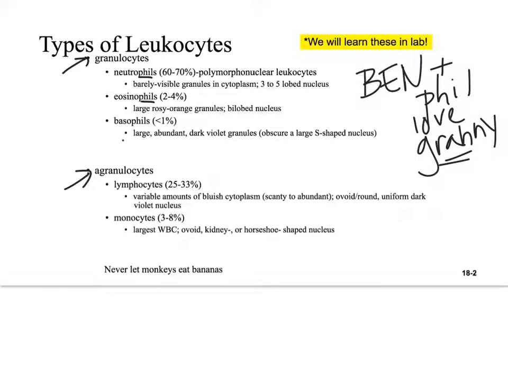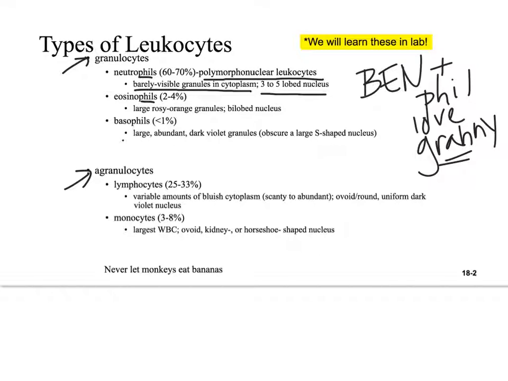Neutrophils, you can hardly see the granules in the cytoplasm. The nucleus has 3 to 5 lobes, so they're called polymorphonuclear leukocytes, or PMNs sometimes. 60 to 70% of the leukocytes should be neutrophils.